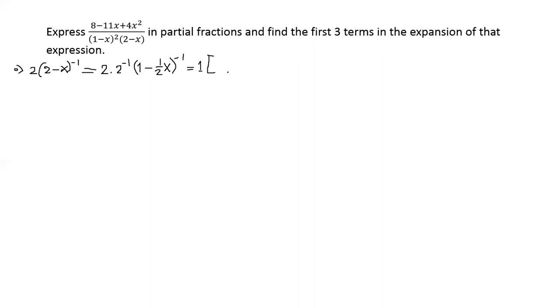According to the binomial expansion rule, it becomes 1 plus, n equals negative 1, it means negative 1 times negative half x, plus negative 1 times negative 2 over 2 factorial times negative a half x squared.